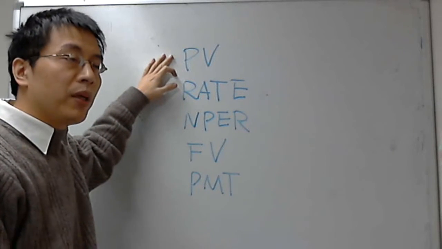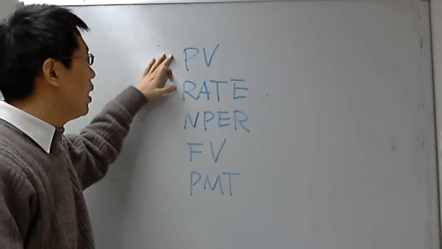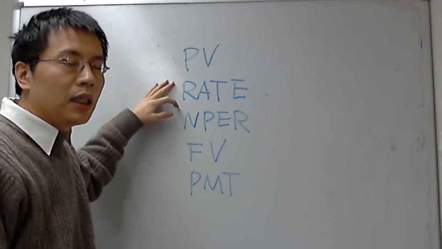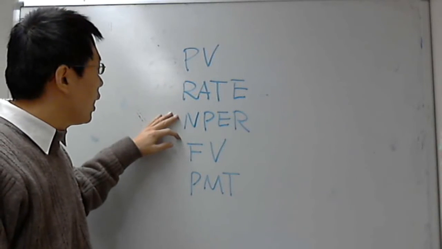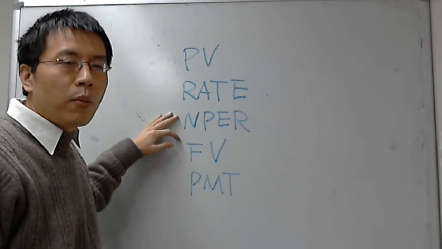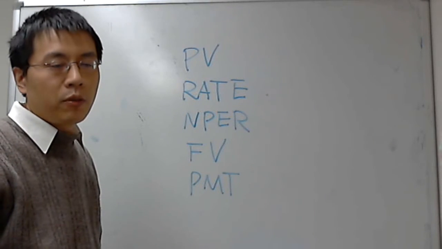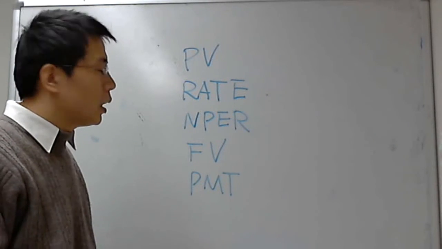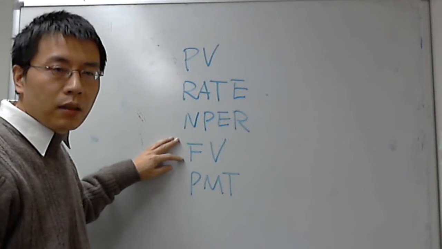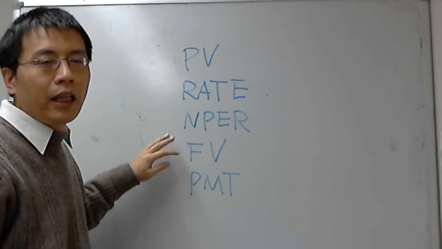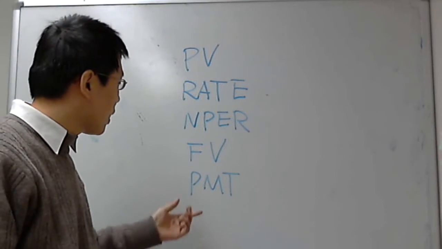PV represents the beginning balance, the present value. Rate is the period interest rate. NPER represents the total number of periods in the problem. It is the length of the investment. FV, future value, is the ending balance on the investment.